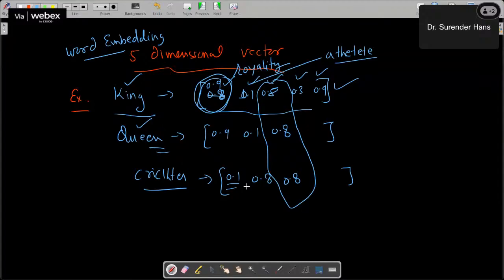Now, embeddings are very powerful and very useful. But there is a problem with embeddings as well.